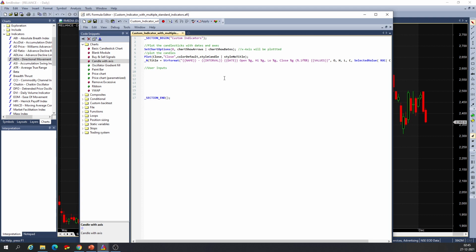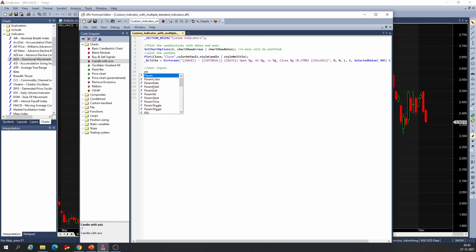But if you want to see like what are the different arguments in the different functions, the best way to do it is when you just start typing, it will show you the different function names.